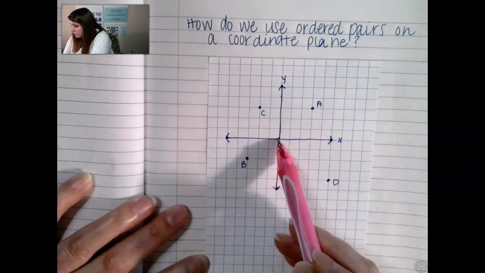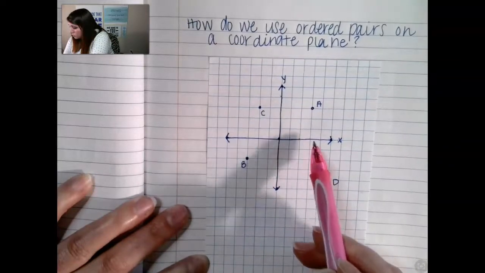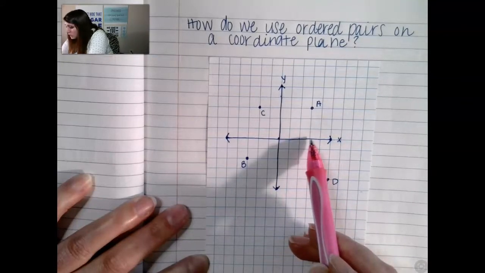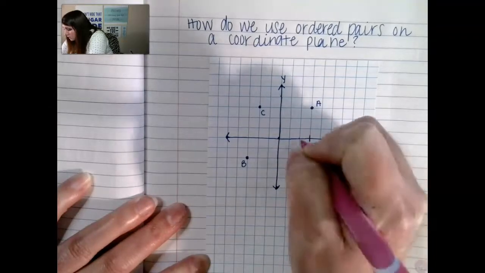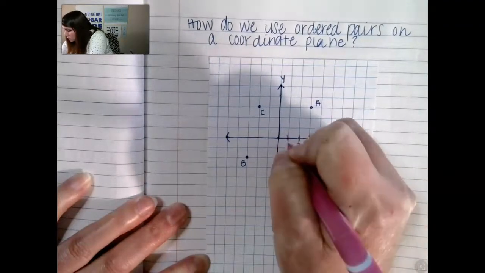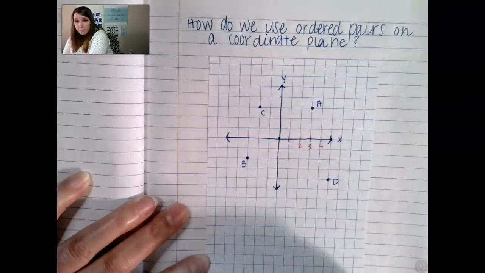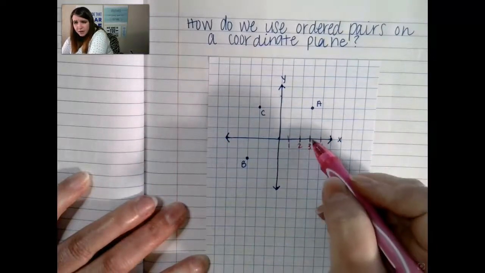So I'm going to start in the middle and jump 1, 2, 3, 4, nope, it's at 3. So we can label that one as 3. This is 2, this is 1, that one's 4, and then where the arrow is, that would be 5. So it looks like this dot is on line number 3.